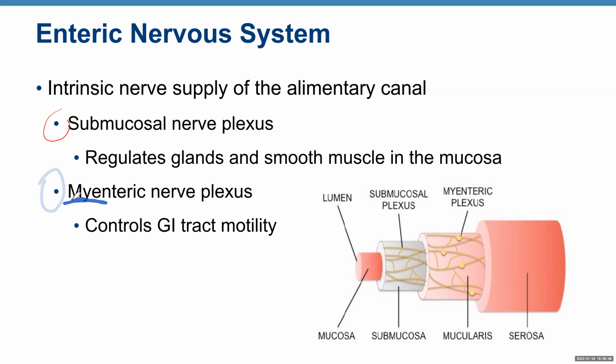Now, myo means muscle, so that's a plexus located between two layers of muscles. Remember we had the circular and the longitudinal layers, and this myenteric plexus controls GI tract motility. So the submucosal plexus controls mostly glands, and the myenteric plexus controls the contraction of your GI tract.